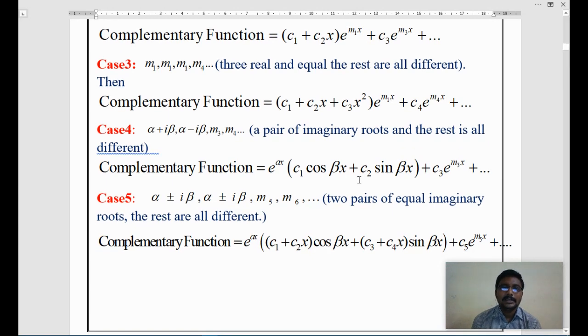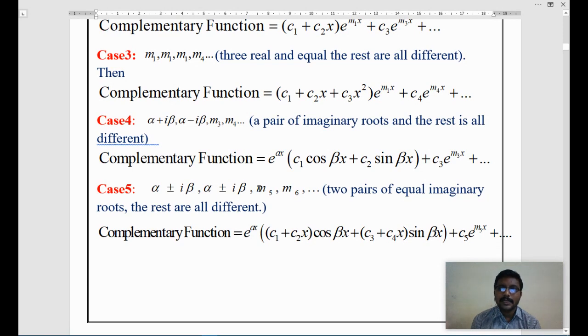Suppose two roots are imaginary and the remaining roots are real and different, and the imaginary roots are repeated twice, that is, alpha ± i beta, alpha ± i beta are the roots of the auxiliary equation f(m) = 0, and the remaining roots are real and distinct.